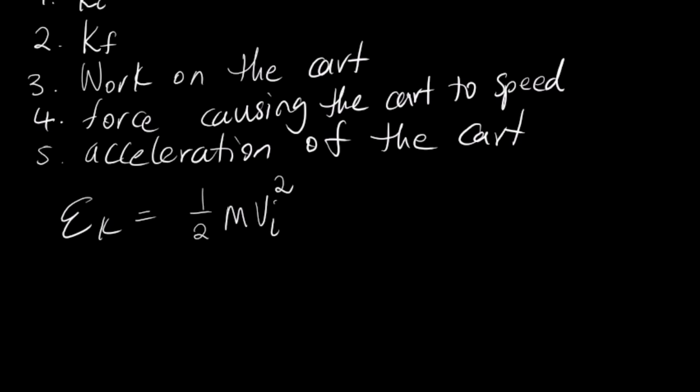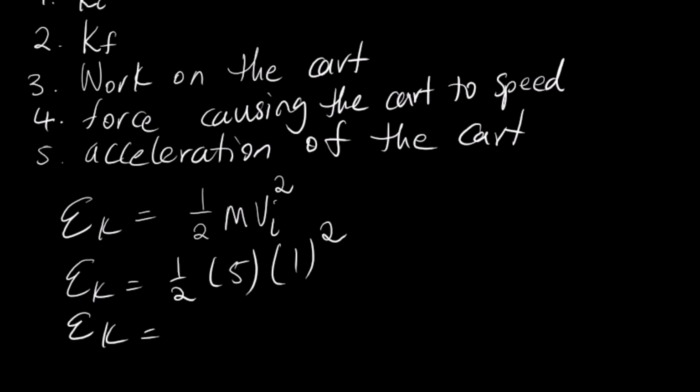That is initial. Half, and then our mass is in kg, it's fine. Our initial velocity is 1 squared. So we can see that EK is equal to 2,5 joules. We are done with number 1.